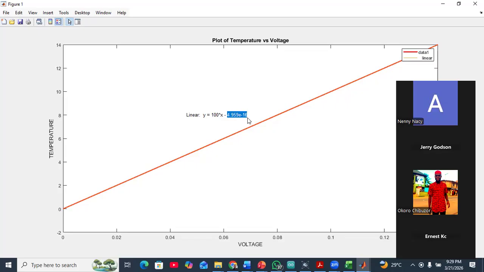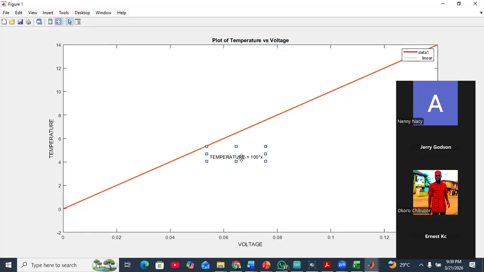So what it means is that we can remove this term, so that our model will be temperature is equal to 100x.